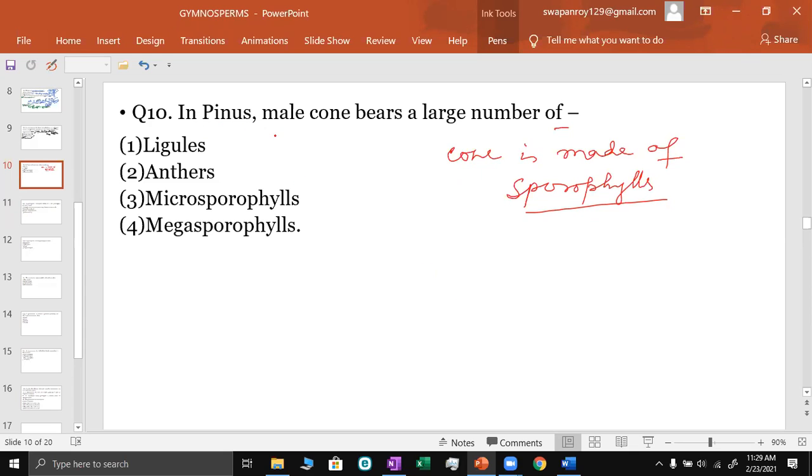In pinus, the male cone bears a large number of sporophylls. But which sporophyll? Male should have microsporophyll. Always remember, micro is male and mega or macro is female.